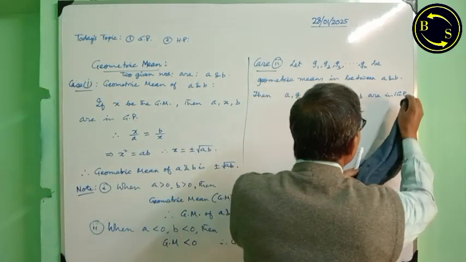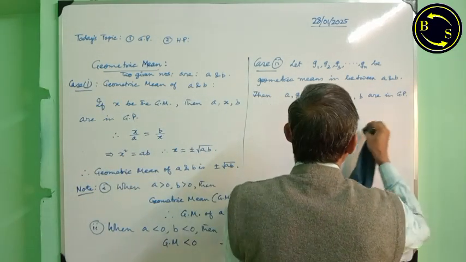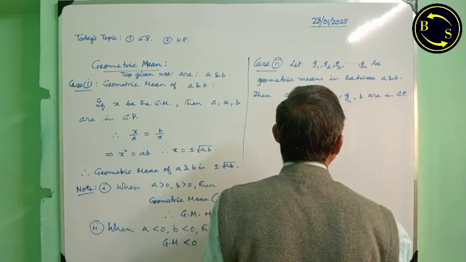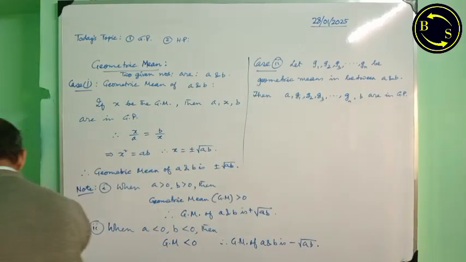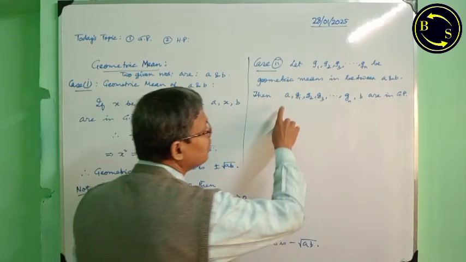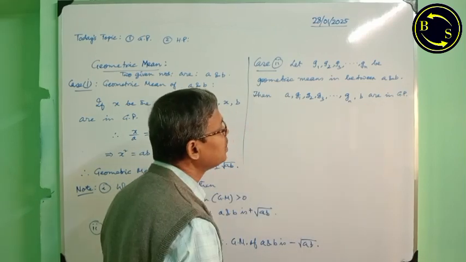Now if we write those means in between A and B, these numbers will be in GP.